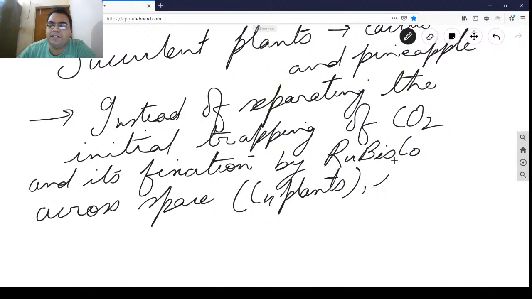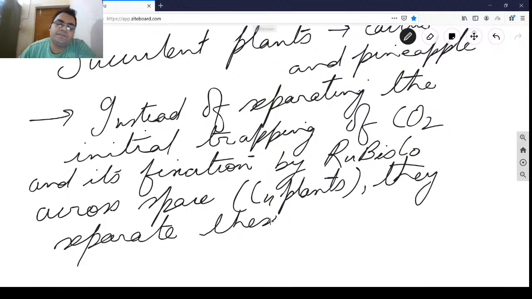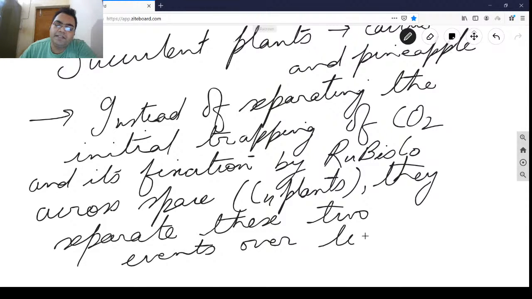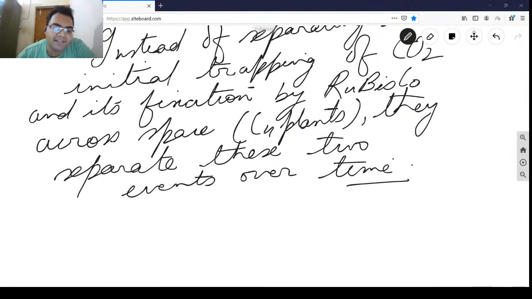Very, very important. So it is a time function, not a space function.